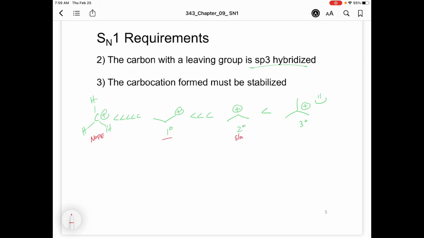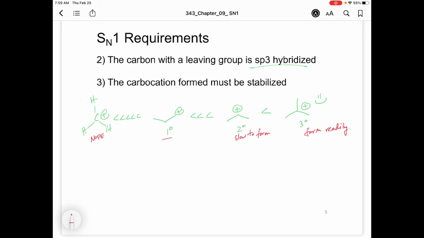This is slow to form, the secondary. And this can form readily, this tertiary. So these sp3 carbons with the leaving group that can form a tertiary carbocation are most likely to do the SN1 reaction.